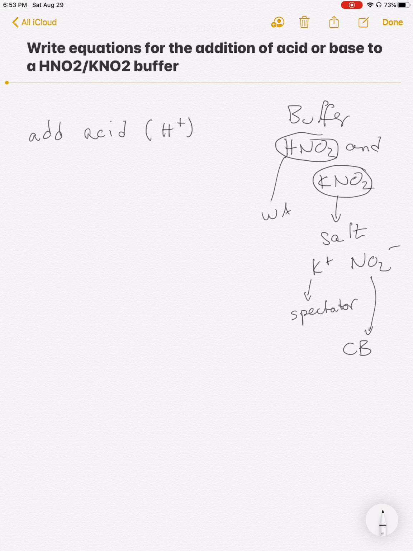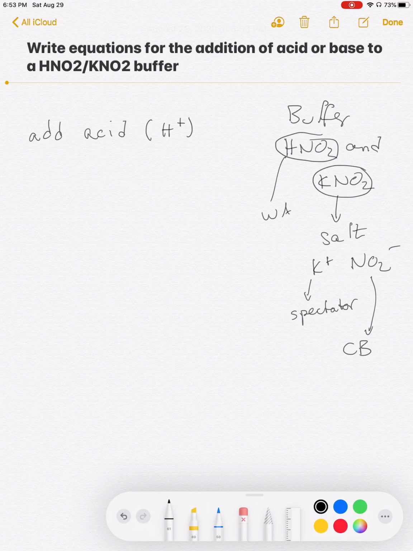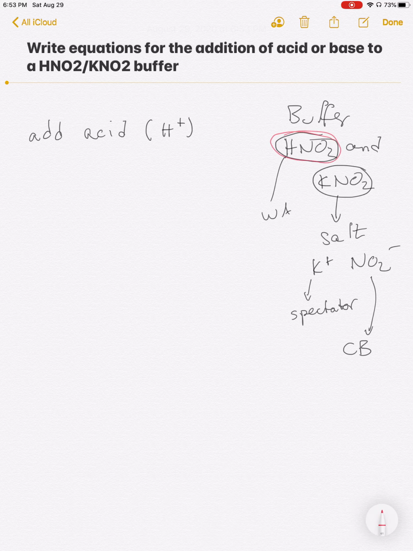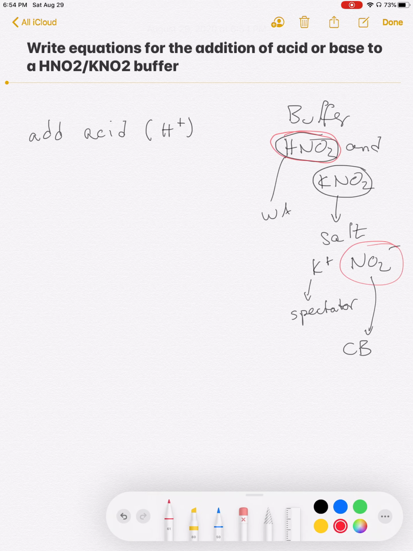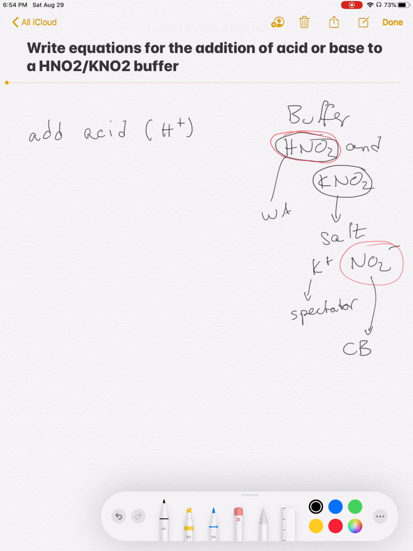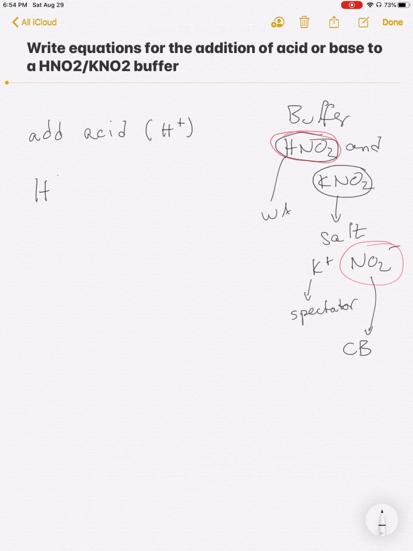So the two components in our buffer solution are going to be the acid, nitrous acid, and the conjugate base, nitrite ion. And so if we add acid to the buffer, that acid, H plus, is going to react with one of these two components in the buffer, either the other acid or the base.